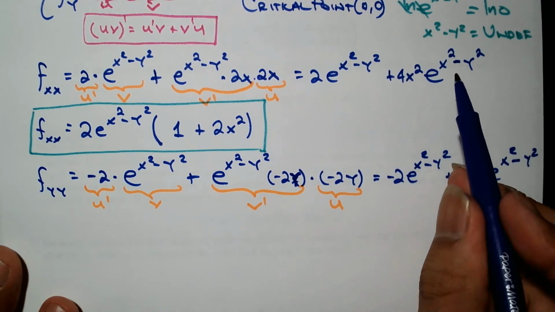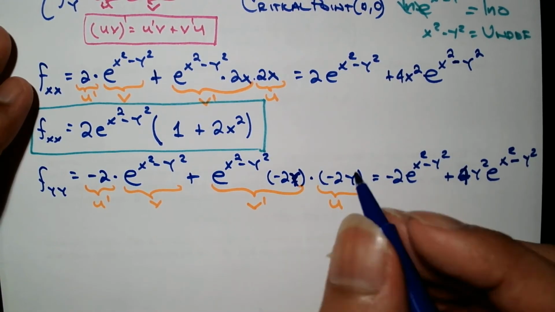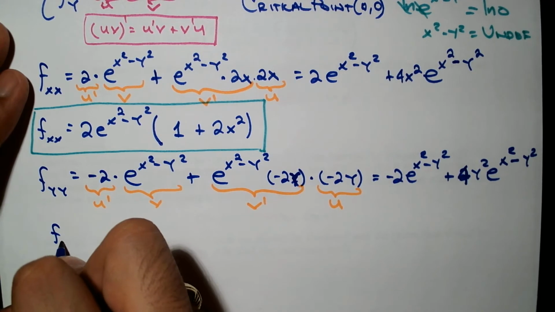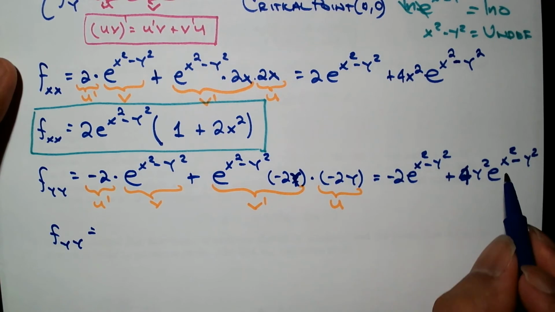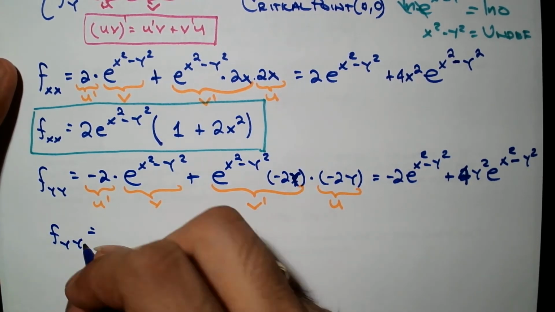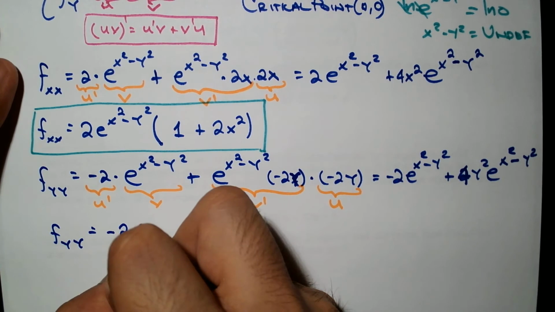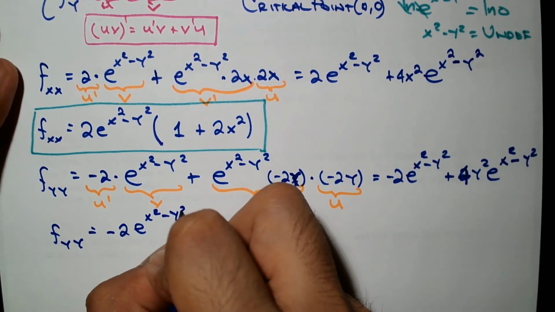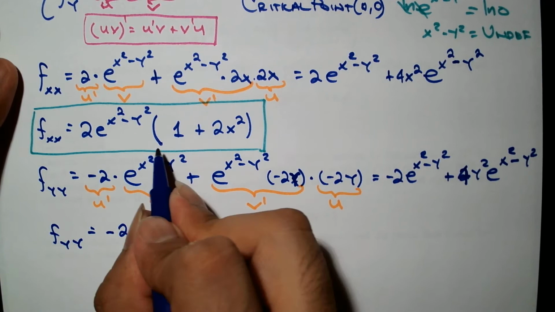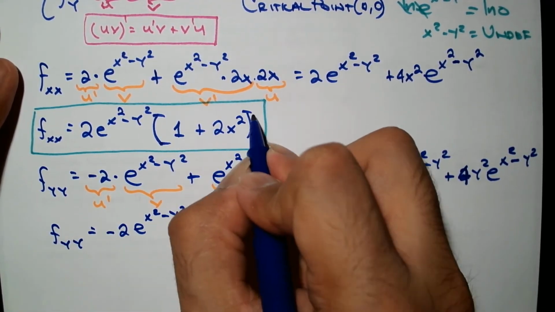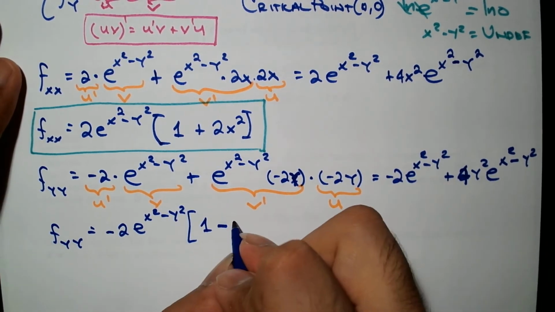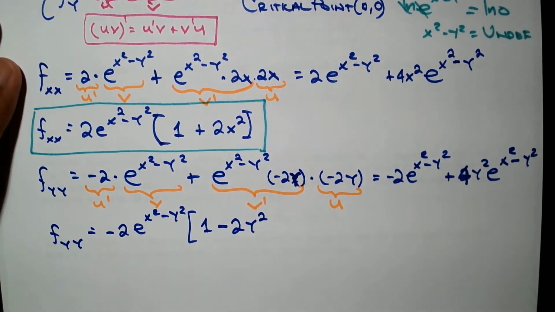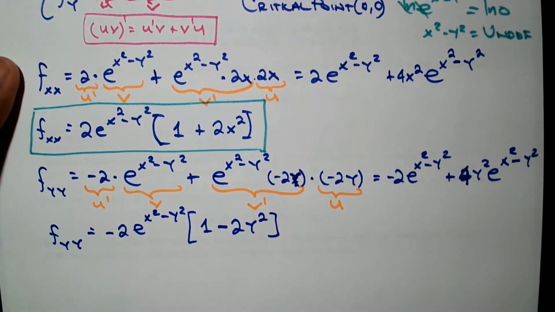Which again, just the same way I did it with the previous one, I'm going to factor out the GCF, which will be, in this case, negative 2e^(x²−y²) times, well, I'm going to use a bracket this time, 1 minus 2y², okay, minus 2y², and that's about it.